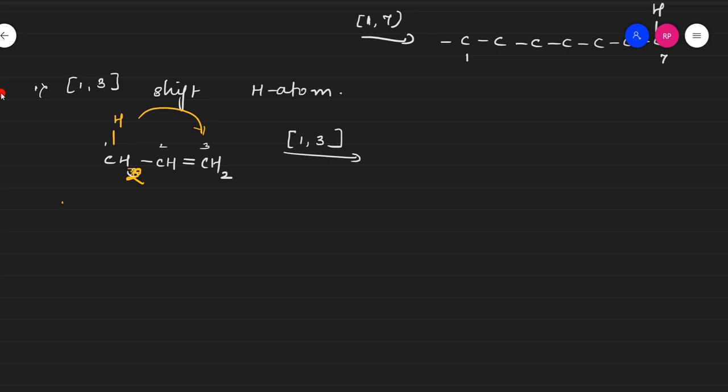For that shift, there should be some transition state, so I will form a cyclic transition state. I'll write that CH2, and this H which is going to shift, I will write over here. Because this bond is going to break, we write it as a dotted line. These positions are not as per the nomenclature; they just show the initial and final state.